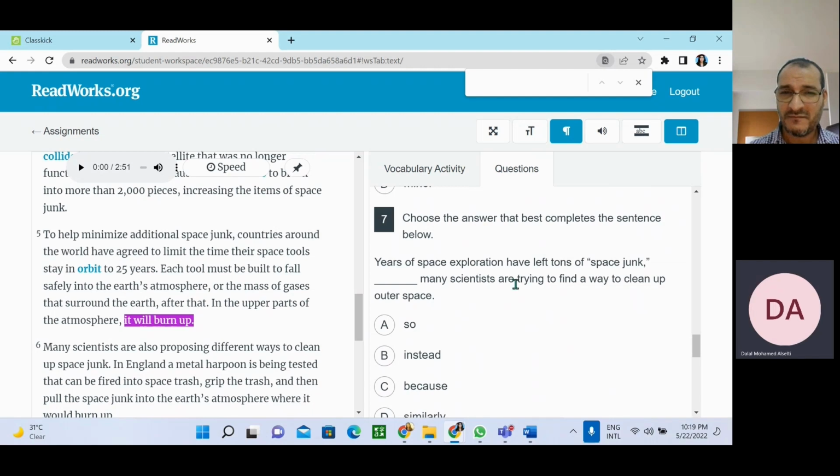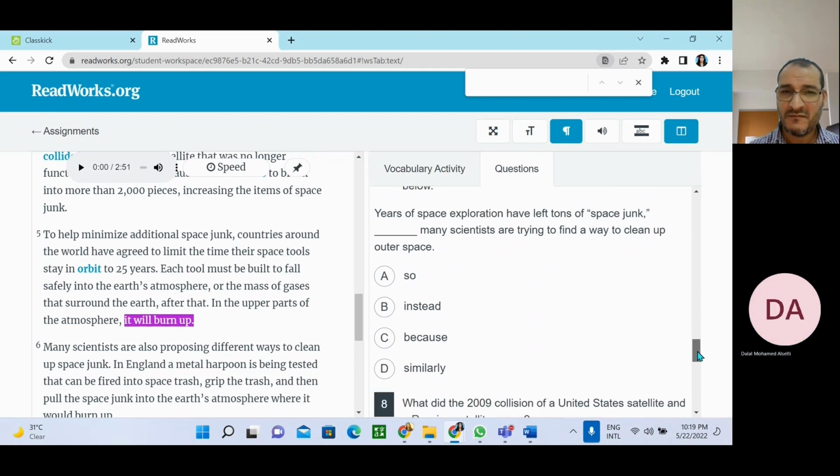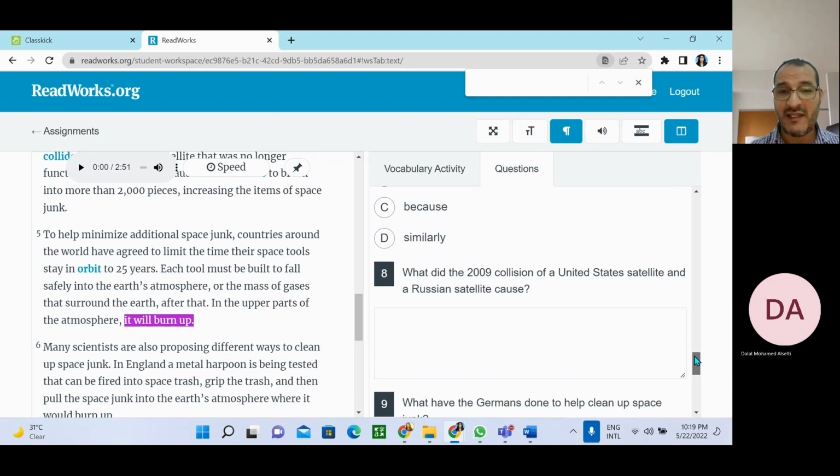Many scientists are trying to find a way to clean up outer space. This is finding a solution, right? Yes, there must be a problem before a solution. So if there is a problem, then there is a solution. So I think "so" would be the answer.